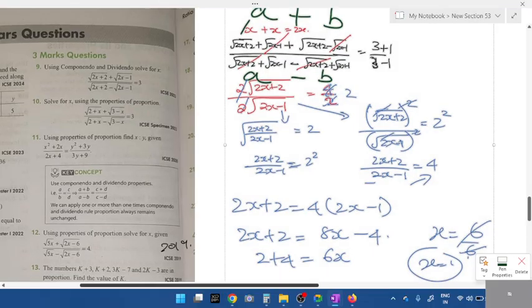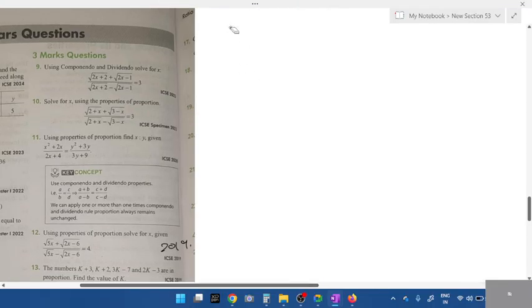Second question. Try the next one, 10th one, all of you. Solve using x, students, x. Same question, 2022. Okay, 10th one, can you do it for homework?